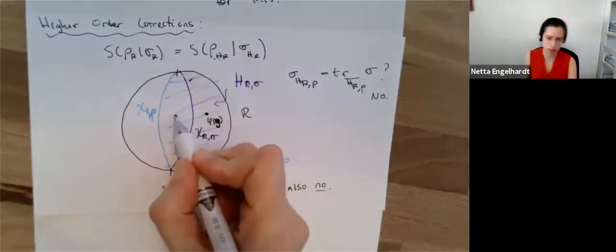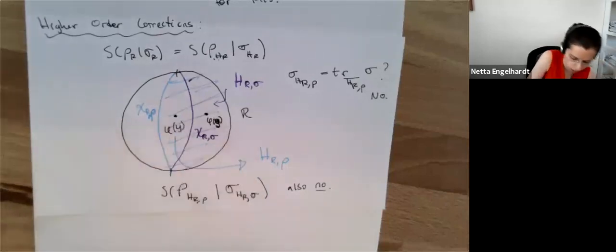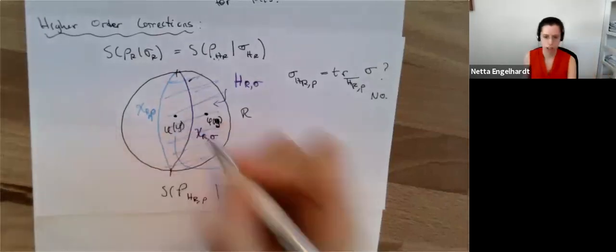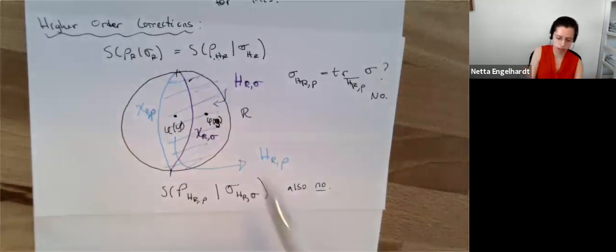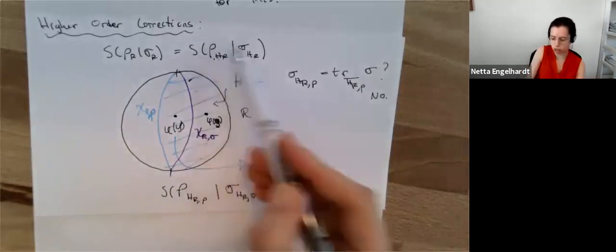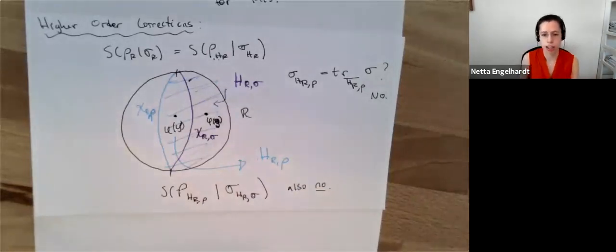What if it lives over here? Phi of y prime. If it lives over there, then it would appear that we can only reconstruct it if we have this state, and we cannot reconstruct it if we have that state. I want to emphasize that we're talking about two states in the same code subspace.